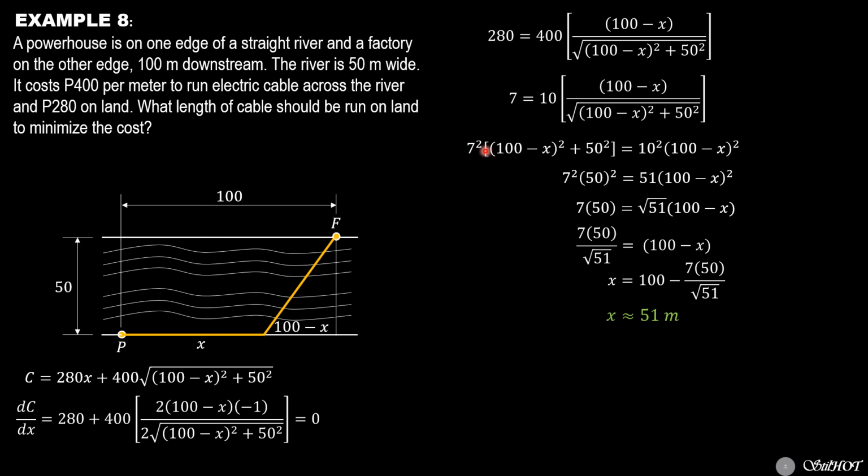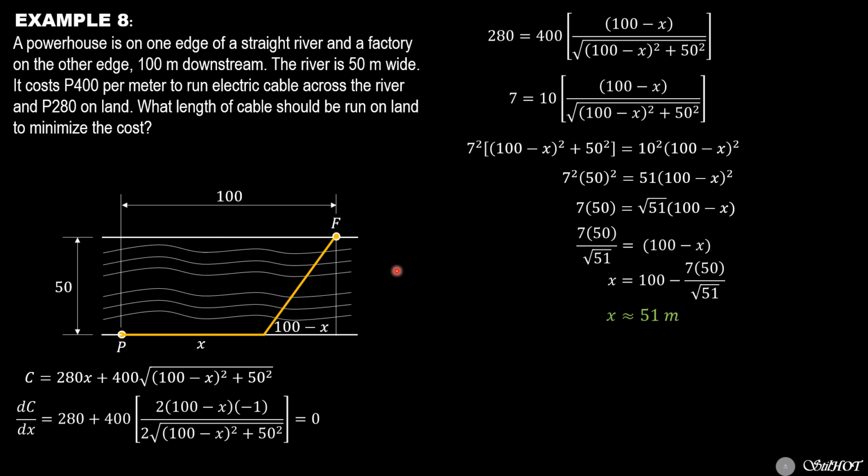Combined, 100 minus 49 is 51 times quantity 100 minus X squared. Extract the square root. So 7 times 50 equals square root of 51 times 100 minus X. So 7 times 50 over square root of 51 equals 100 minus X. So X is 100 minus 7 times 50 over square root of 51. And that is approximately 51 meters.